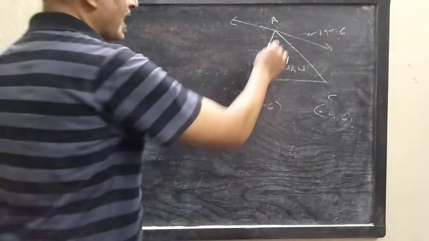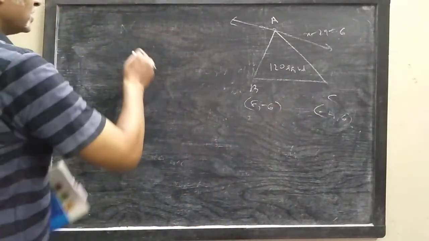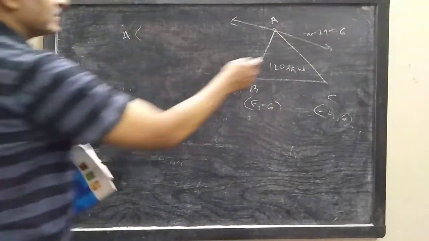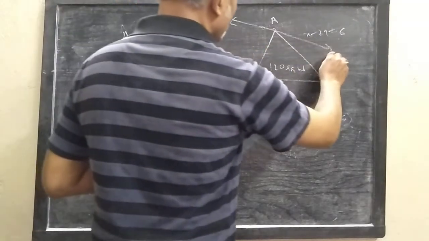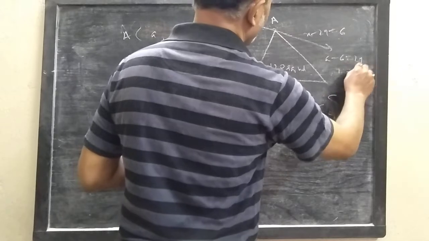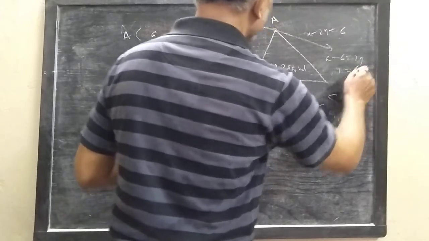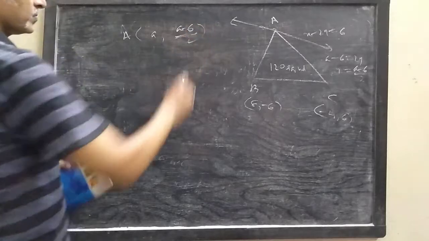Now look, as the third vertex lies on this line, we can consider the coordinates of the vertex as follows. Just take x as a. If you take x as a, then you get a minus 6 equals 2y, so y will be (a minus 6) by 2. So the ordinate will be (a minus 6) by 2.